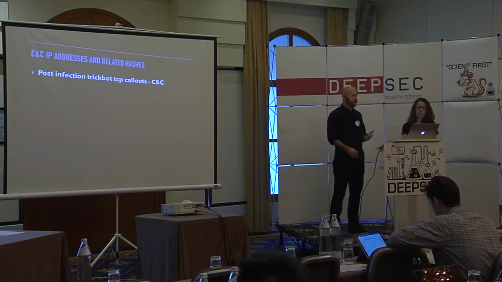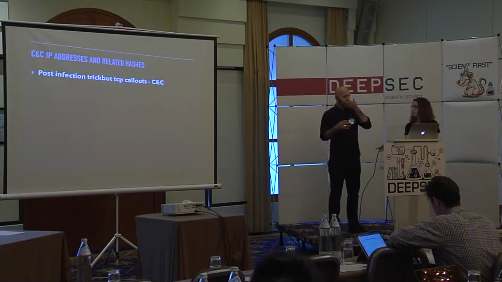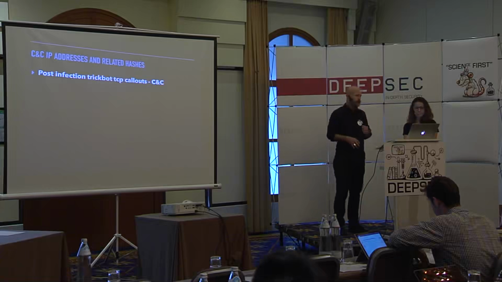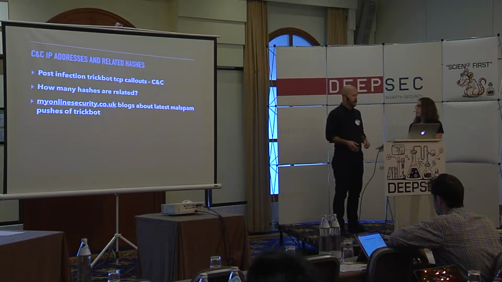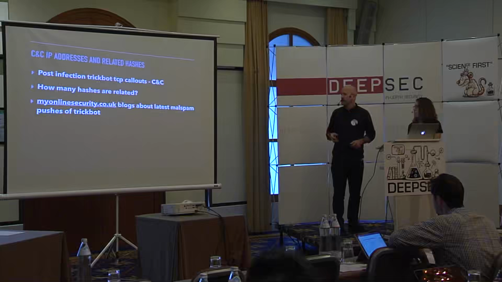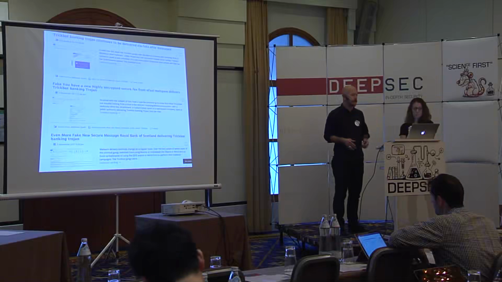We were able to see post-infection callouts, like TCP callouts to the CNC server. Looking at various sources we have, we were wondering how many hashes might be related to this kind of thing. So we could use something like My Online Security to look at the latest malspam pushes of TrickBot and find some correlation between our data and that.